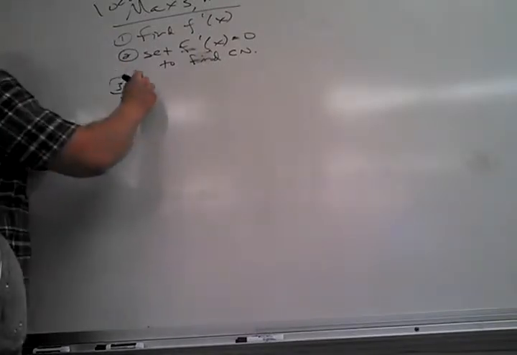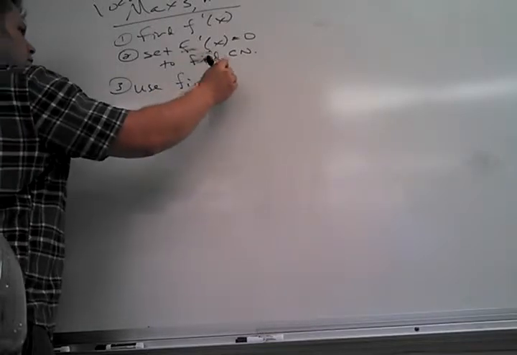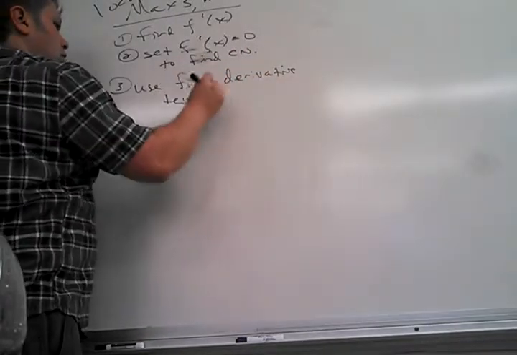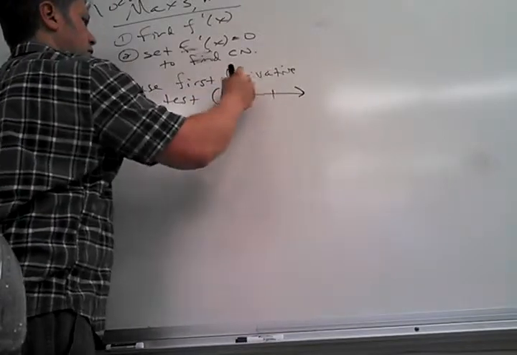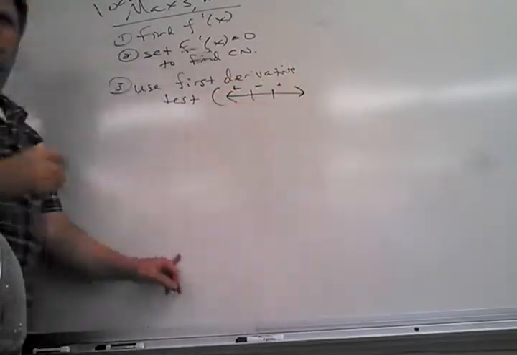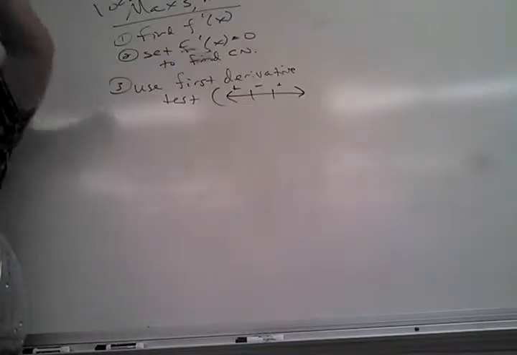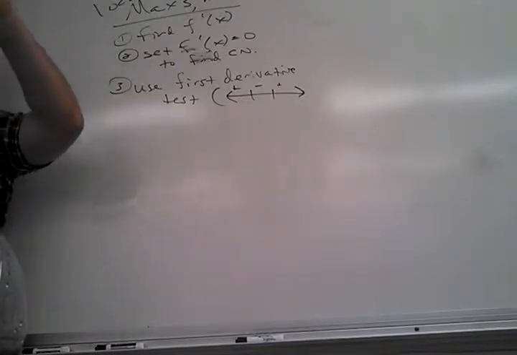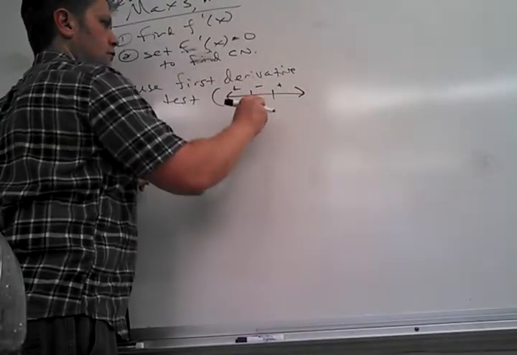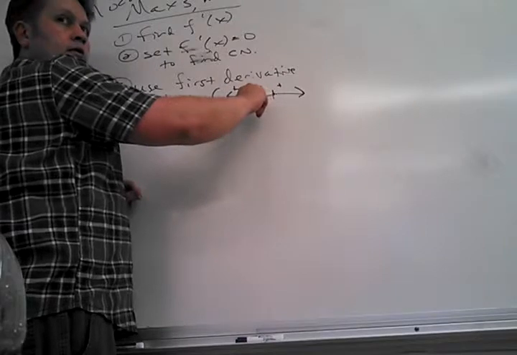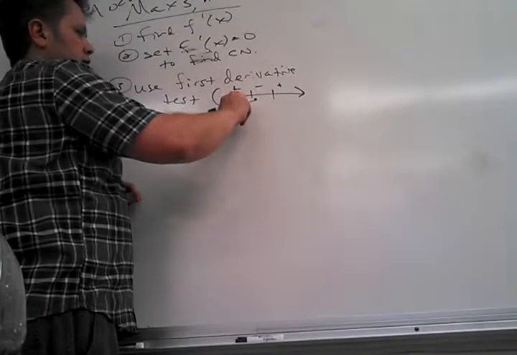And this one we're going to formalize just a little bit. This is called using the first derivative test, which is really just the number line and the pluses and minuses and all that kind of stuff. Just testing the first derivative to see where it's positive, negative. Then I can see if it's a min or a max. If it was like this, what would this be?